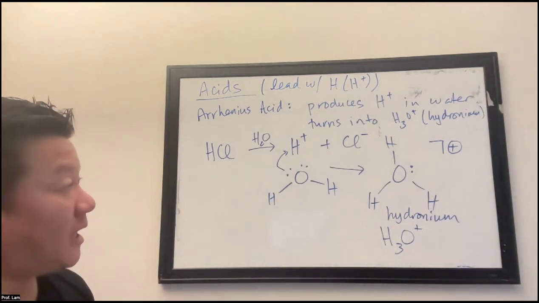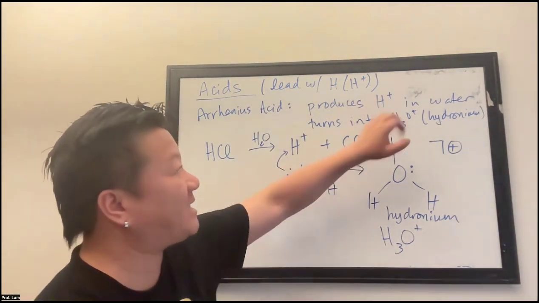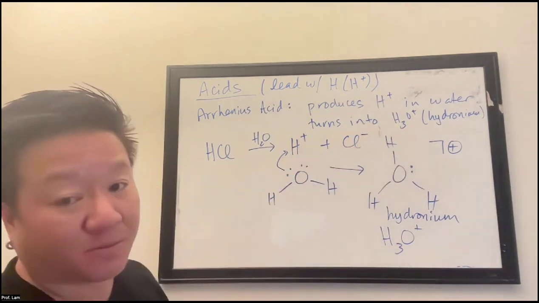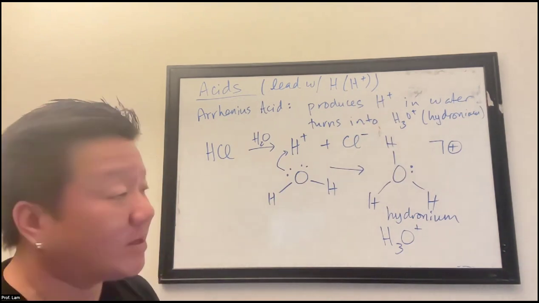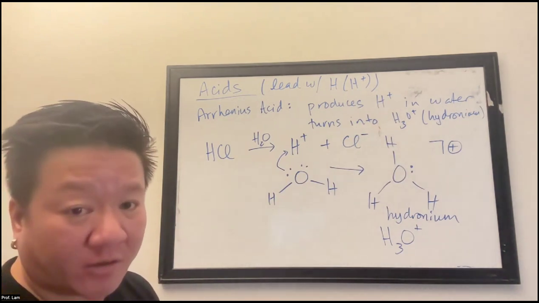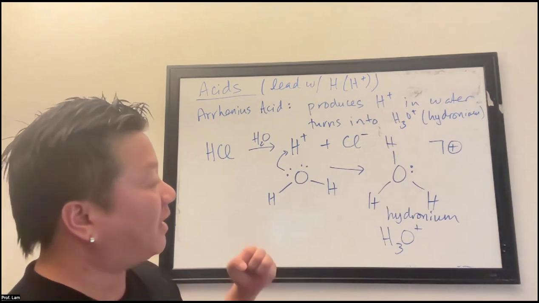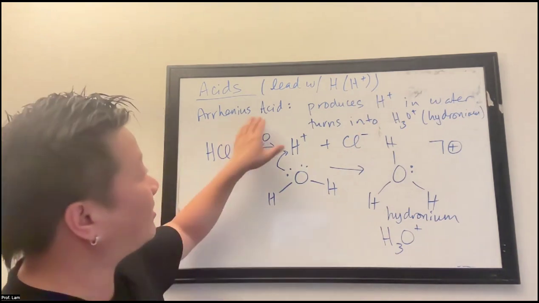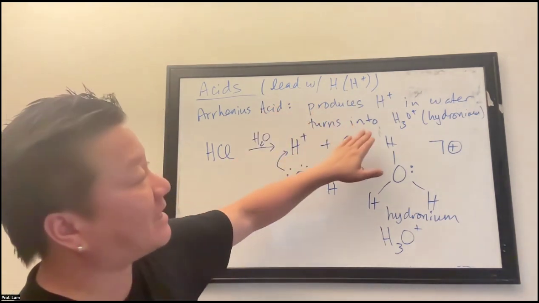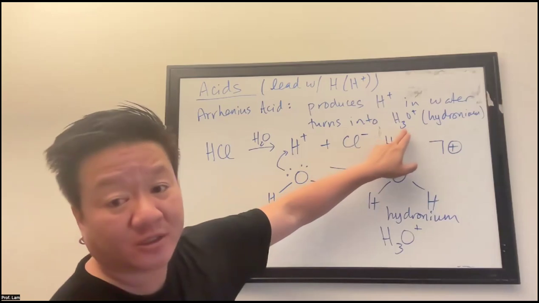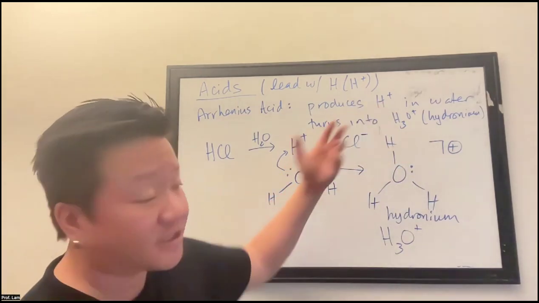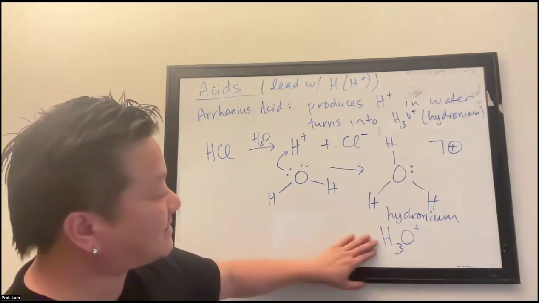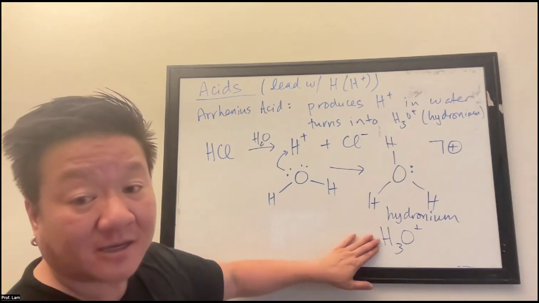So in an acid, the H plus and the hydronium are synonymous because hydronium is just an H plus that's attached to water. And since there's so much water around in these acid solutions, the water is just going to soak up that H plus. And so we can think of an Arrhenius acid as anything that produces hydronium in water, produces H plus in water, right? One and the same. So it's this ion that makes a solution acidic.